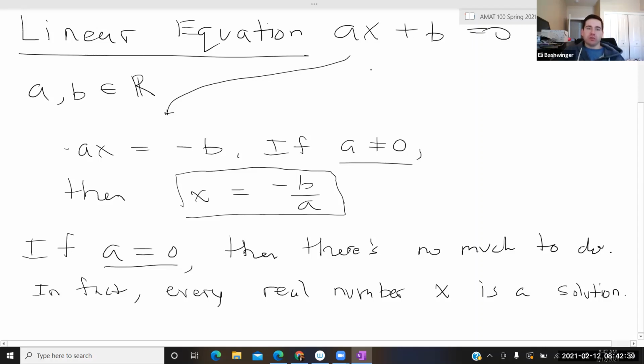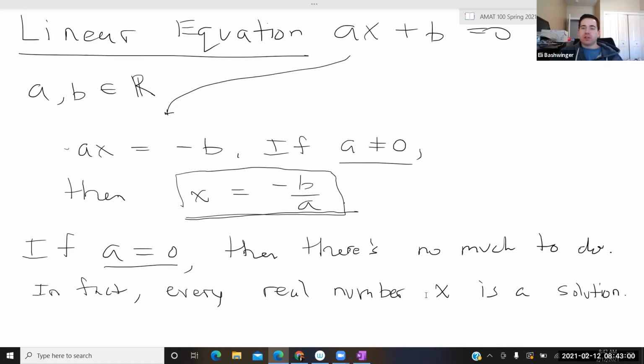So when a is 0, every real number is a solution to the equation. But if a is not 0, then you have just one solution, this one right here. That's really all I want to say about linear equations.